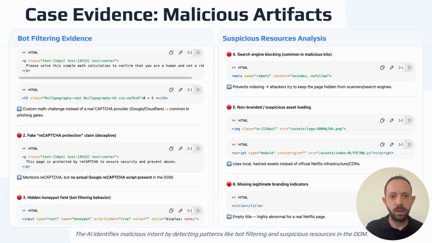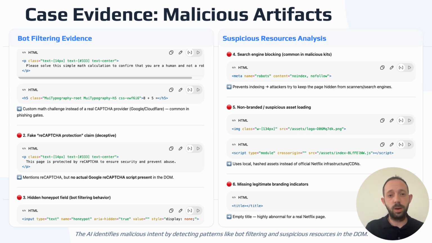What does it mean? It means that the page loads local assets instead of official Netflix infrastructure. On a real Netflix page, real Netflix uses trusted CDNs and Netflix resources, and not some local unknown resources. Now, this is very suspicious.